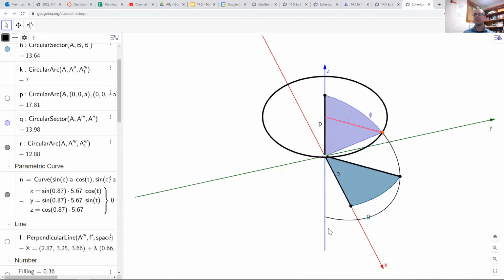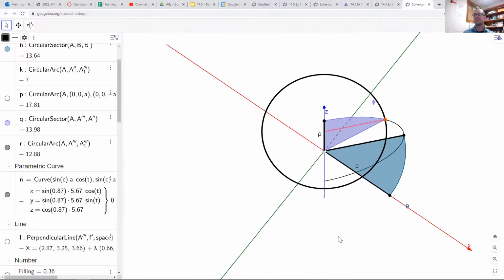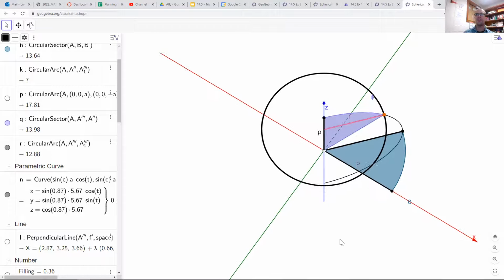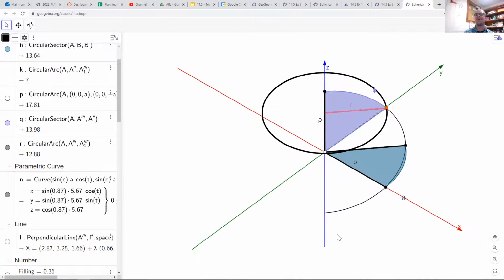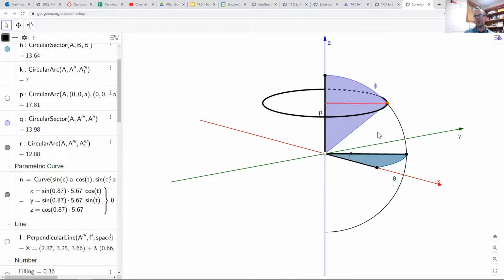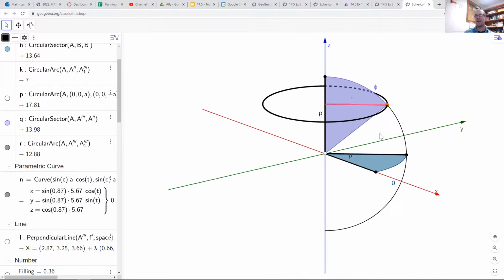And r d theta turns into the sine of phi times rho because of this triangular relationship here.